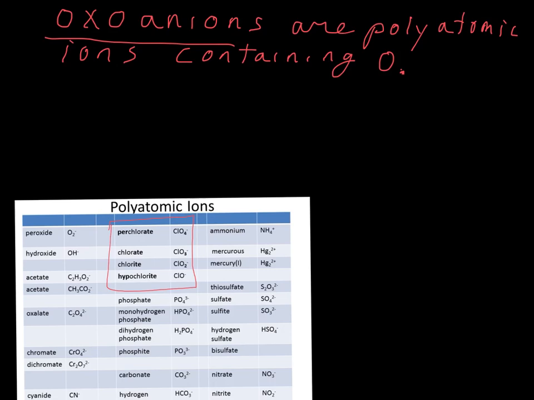In this systematic nomenclature, 1 form of the polyatomic ion is declared the -ate form. For example, ClO3 negative is chlorate.